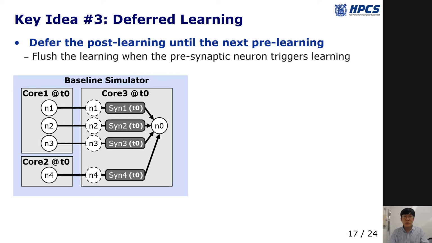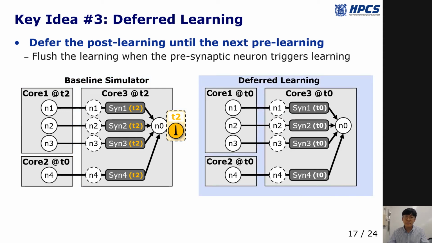To understand how deferred learning reduces the rollback and recovery overhead, let's repeat how the baseline simulator performs safe speculation. In the baseline, the simulator updates all the fan-in synapses when neuron 0 fires a spike. On the other hand, deferred learning does not update the fan-in synapses when the postsynaptic neuron fires a spike.